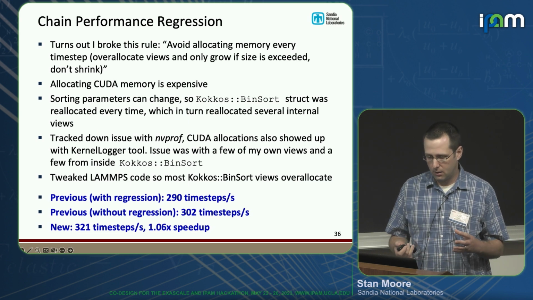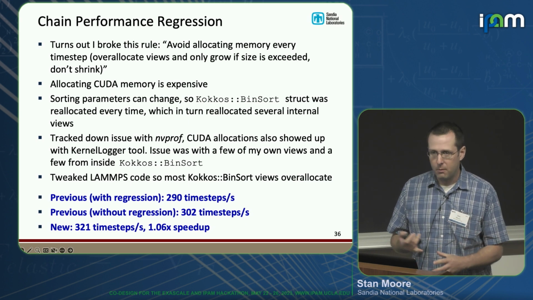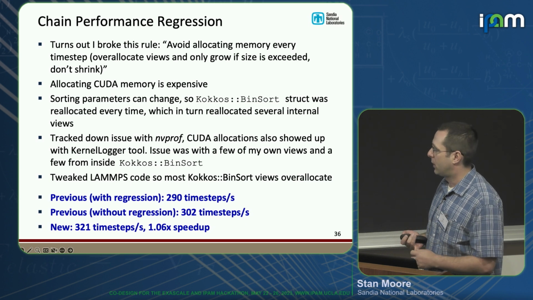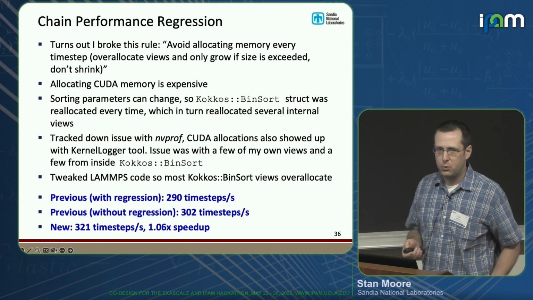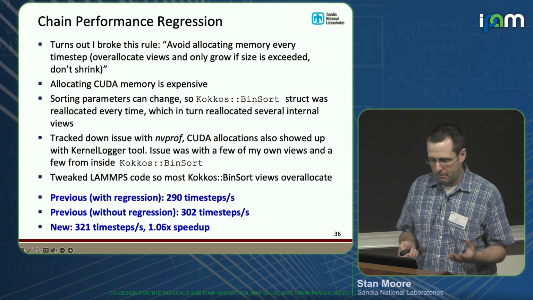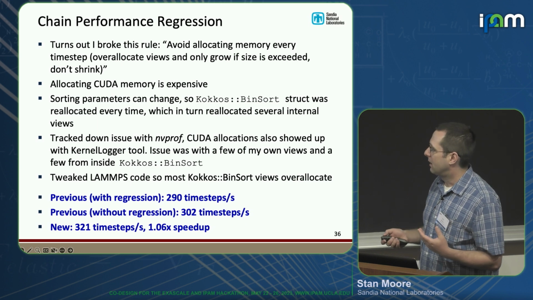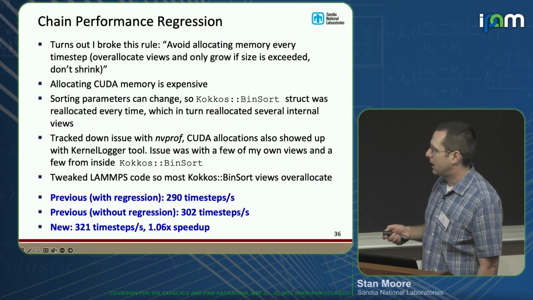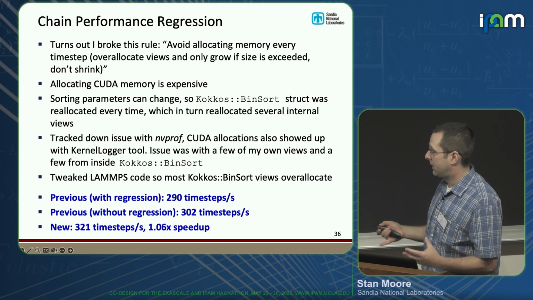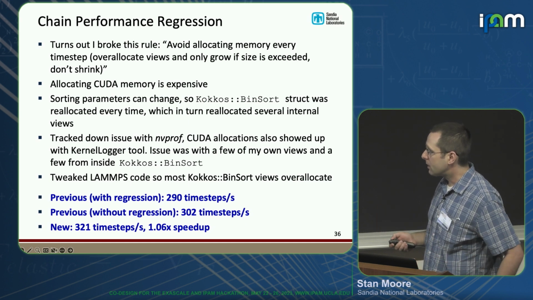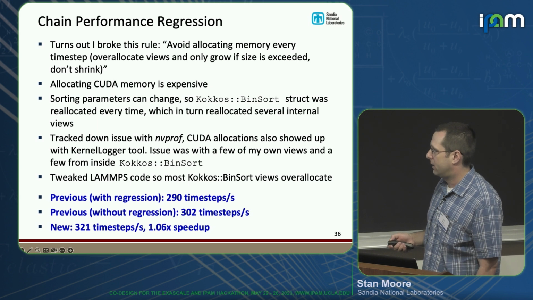Sometimes the number of local atoms on a rank is different, and that changes the parameters for this bin sort. So I was reallocating this bin sort every time, and internally, when the bin sort struct was reallocated, it reallocated several Kokkos views with a significant amount of memory. I used NVProf to track down the issue.